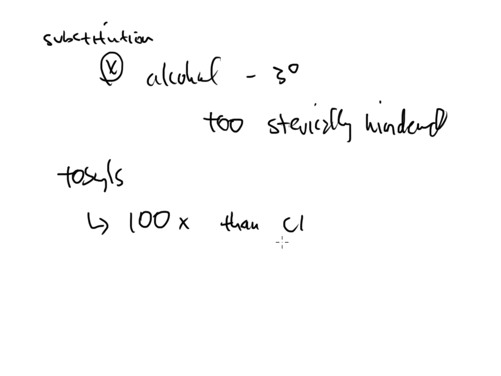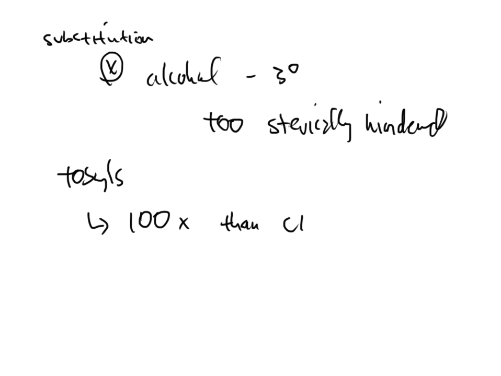So you can imagine that tosyl does want to go away. If it sees an opening, carbon's going to kick it to the curb as lickety-split as possible. And something else is going to come on into that position. Even a halogen, even a chlorine will come on and replace that tosyl because chlorine is 100 times prettier than the tosyl group is.